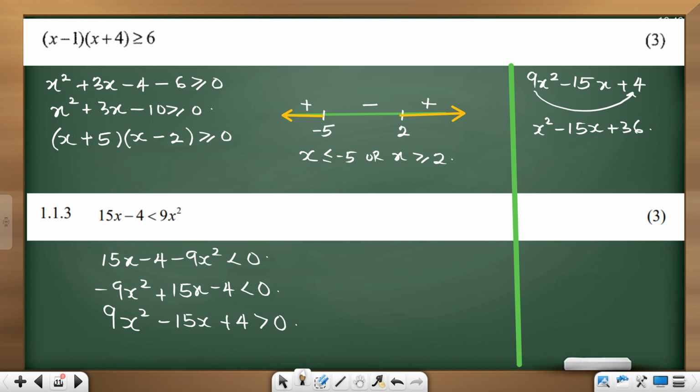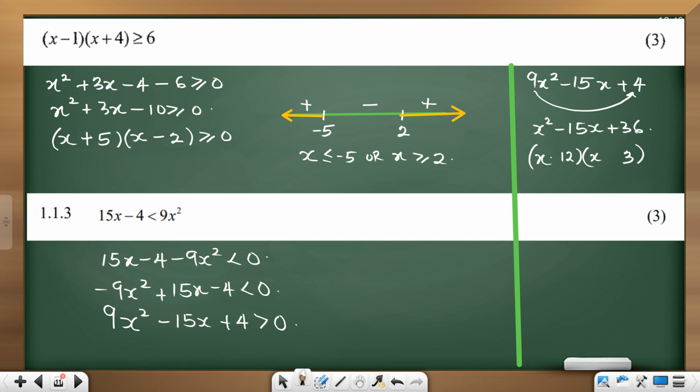Now, I am looking for the factors of 36 that will give. Somebody's saying, but that's not the question. It's okay. Just see what I'm doing. I took my 9 and multiplied by 4. Now, I can factorize the next line easily. 12 and 3.